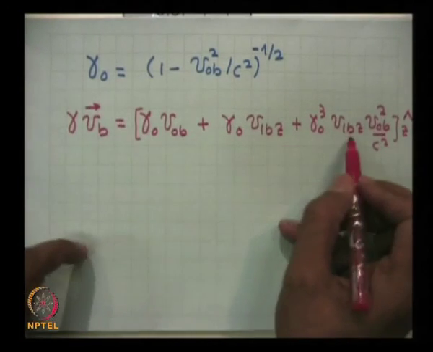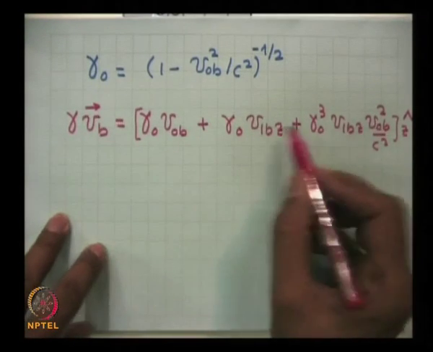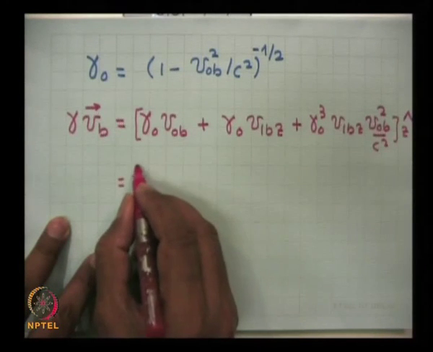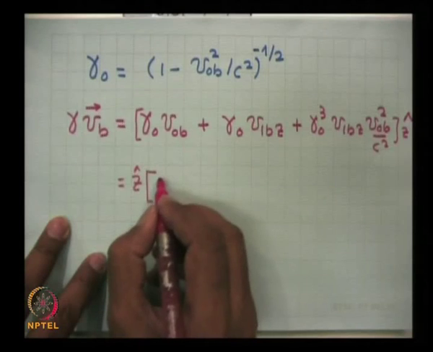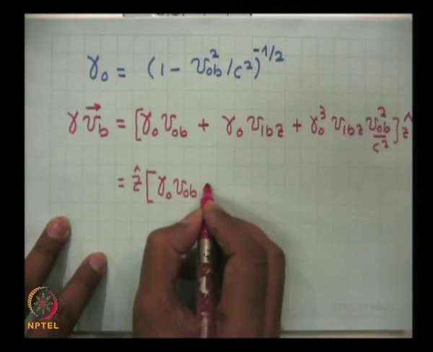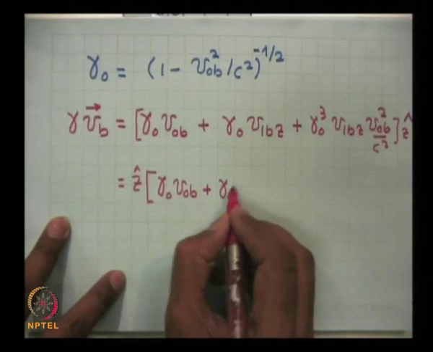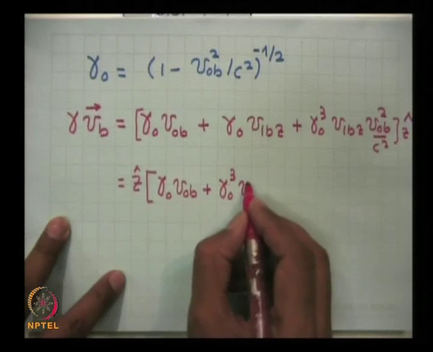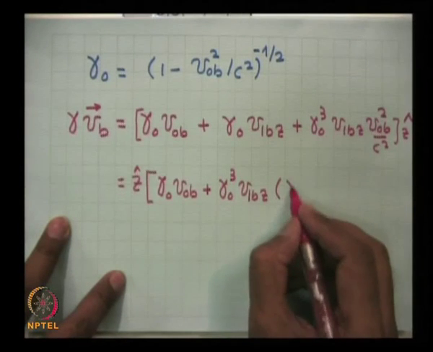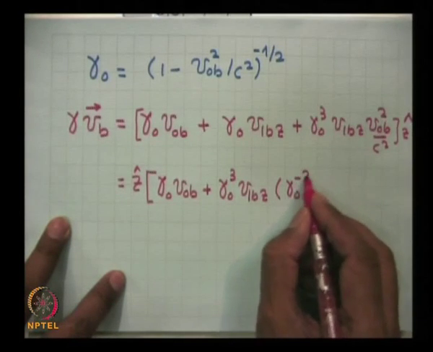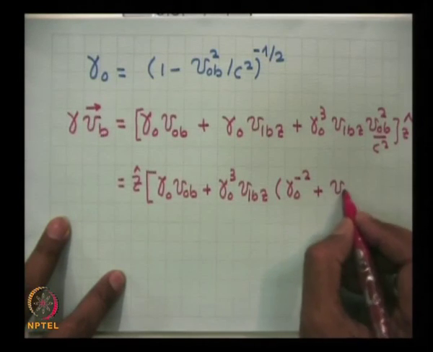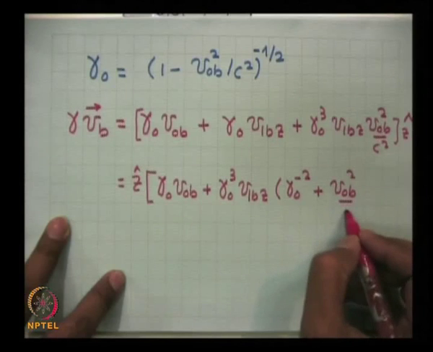You can combine these two terms by taking gamma 0 cube common, and this becomes z cap. First term is gamma 0 V0b plus gamma 0 cube common. Take V1b also common. Then you are left with gamma 0 square minus square inverse plus V0b square by c square.